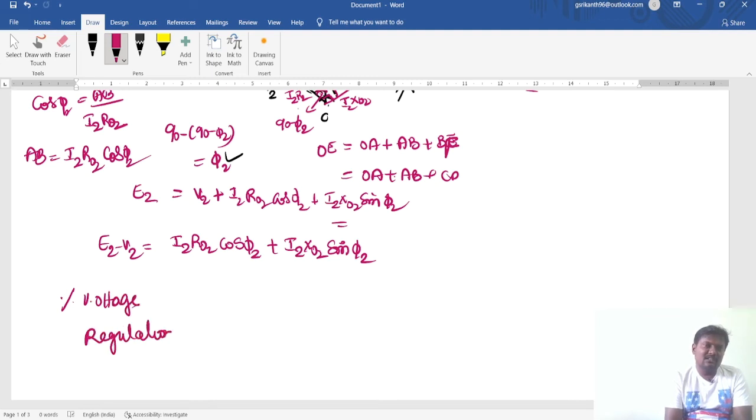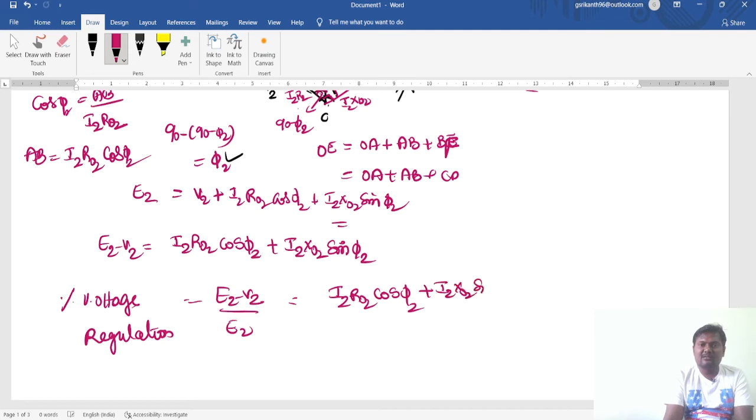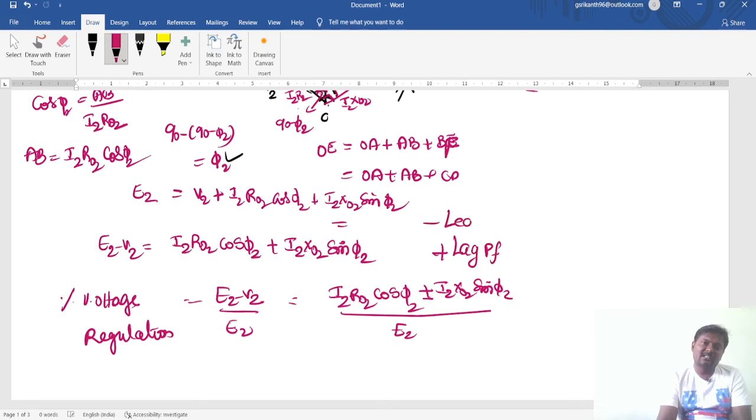Percentage voltage regulation is E2 minus V2 by E2, then I2 R02 cos phi 2 plus or minus I2 X02 sin phi 2 divided by E2. Plus is for lagging power factor, minus is for leading power factor.